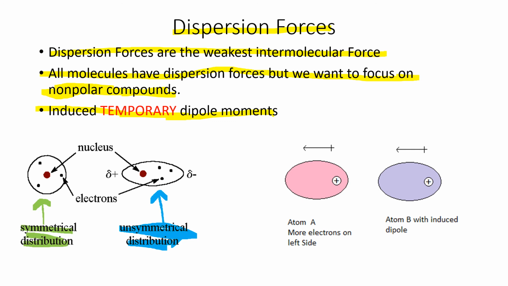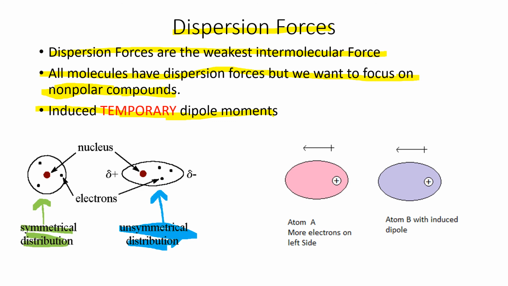Well, at this moment that's highlighted in blue, you have a dipole moment set up. You have a partially positive end and a partially negative end. It's not permanent. It's very fleeting. If we would look at a different snapshot in time, it may look completely reversed. Right now we see more electrons on the right-hand side of the molecule for a partially negative side, and the left-hand side being partially positive.